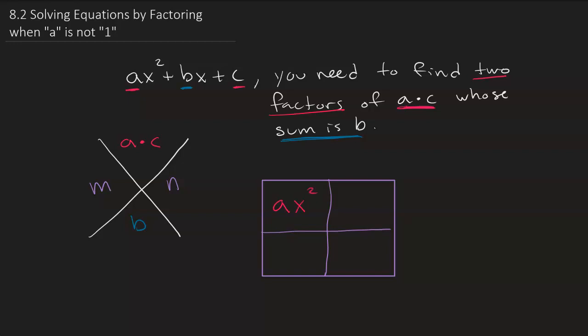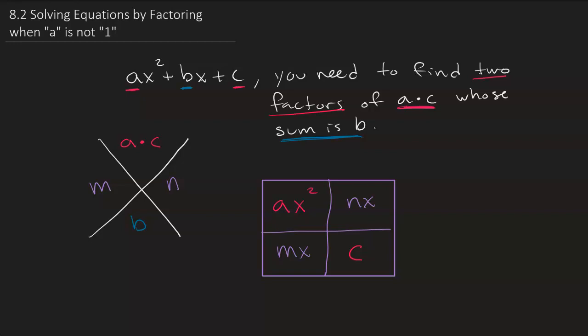And then in the bottom right, we're going to put our c. And then in the top right, we can call our nx, and then the bottom left is mx. And those are essentially those factors that we find from the x model. And then from there, we can factor it out and figure out how we can get the standard form into factored form.